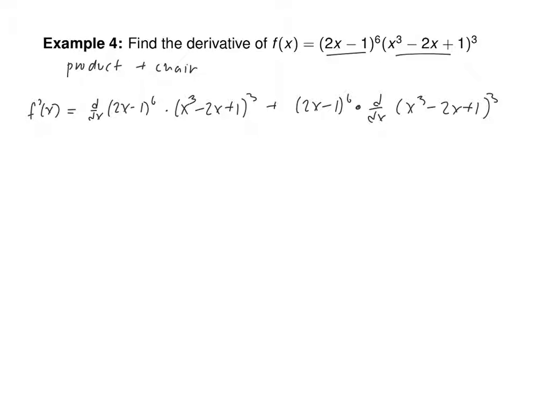I'm purposefully taking it a little bit slow. If you can do this a little bit faster once you get the hang of it, that's okay. Do you see what I'm saying there? I'm saying differentiate this thing, leave the next one alone. That's just the product rule. Does that make sense?